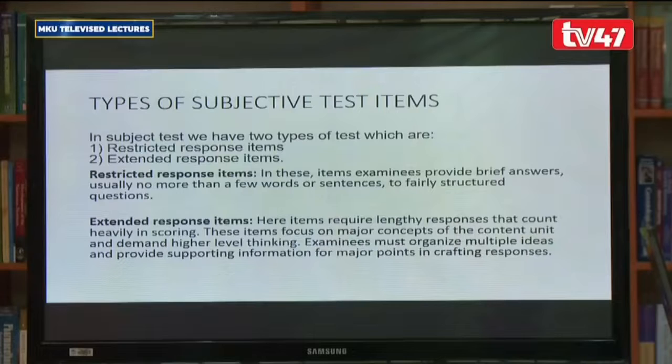In this case, they have to explain themselves. They have to use their own words. They have to show that they have understood the questions, and they have to show that they clearly understand what that question requires them to do by providing a lengthy explanation of the response.